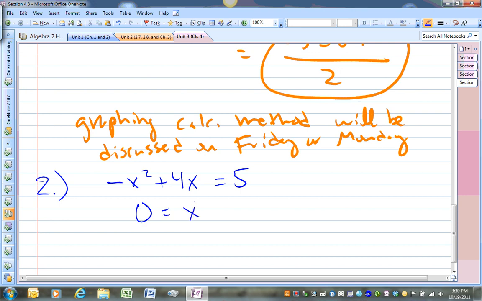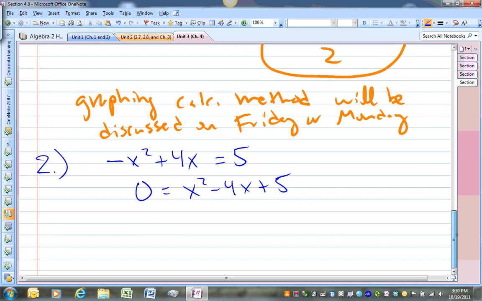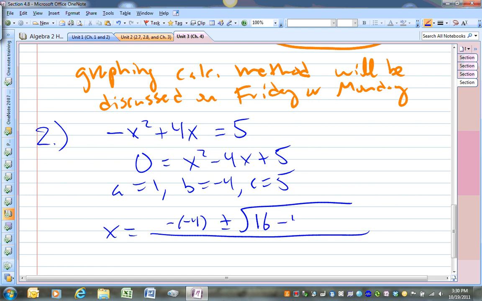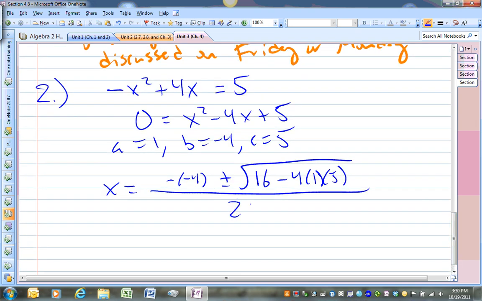So I could say this. a is 1, b is negative 4, c is 5. Plug it into the quadratic formula. So negative negative 4, which I know is going to be 4, plus or minus the square root of b squared, which is 16, minus 4 times 1 times 5, all over 2a.